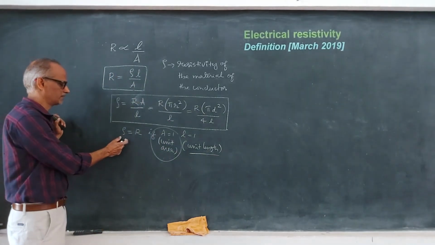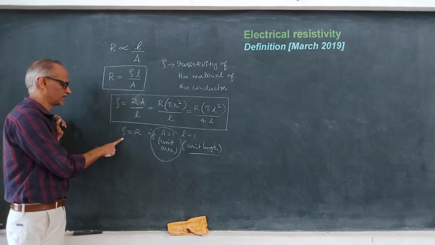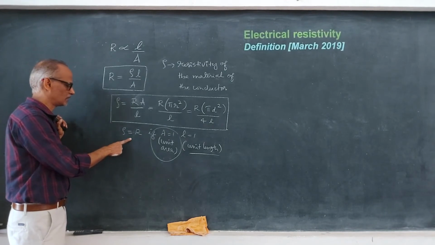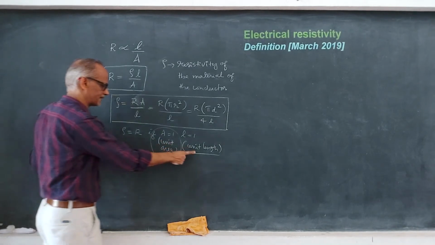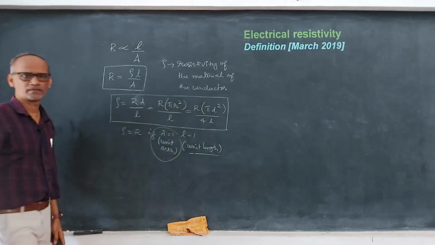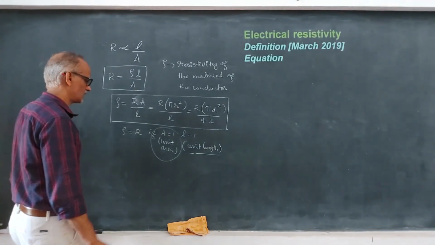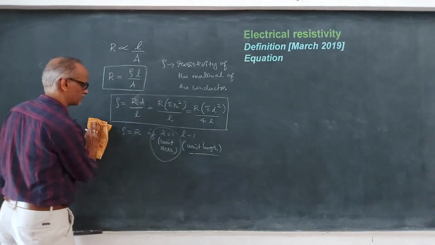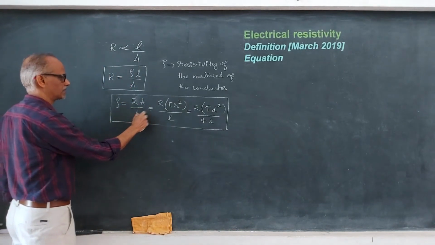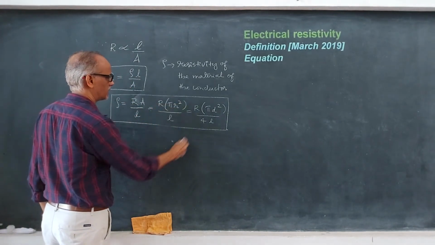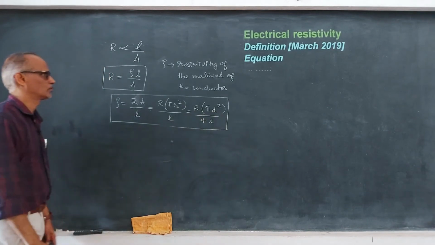So how do we define resistivity? Resistivity of the material of a conductor is equal to the resistance of a conductor of unit length and unit area of cross section. So what is the equation for resistivity? It is already given here. Rho is equal to R A by L, that is R into pi r square by L, or R into pi d square by 4 L.